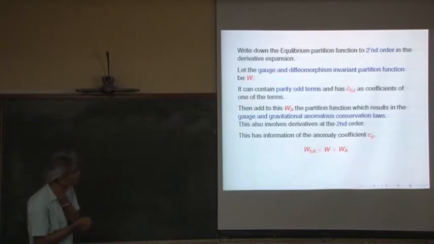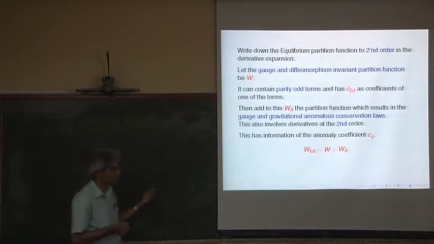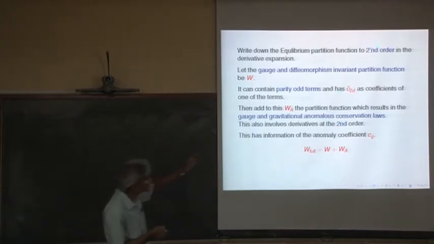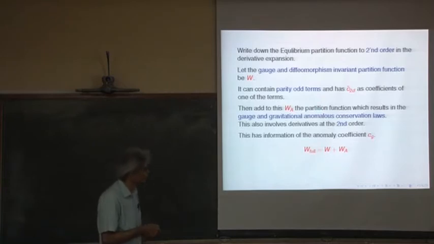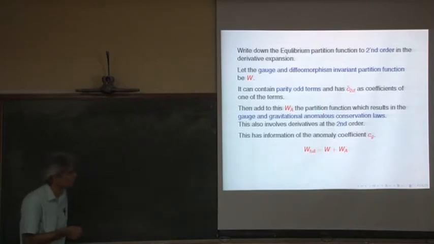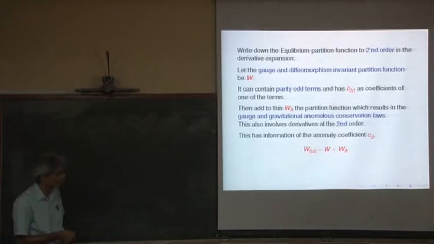So let the gauge and diffeomorphism invariant part be W. It also contains parity odd terms, and that has the information of C tilde 2D. So this is the macroscopic part. Then, of course, you have to add something which guarantees that the anomalous conservation law is satisfied, W_A, and this contains the information of C_g.